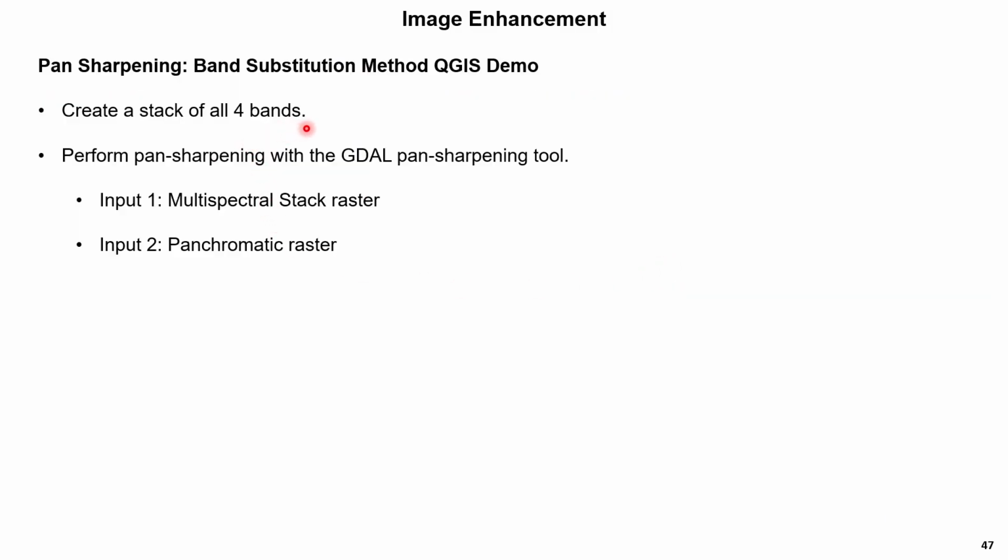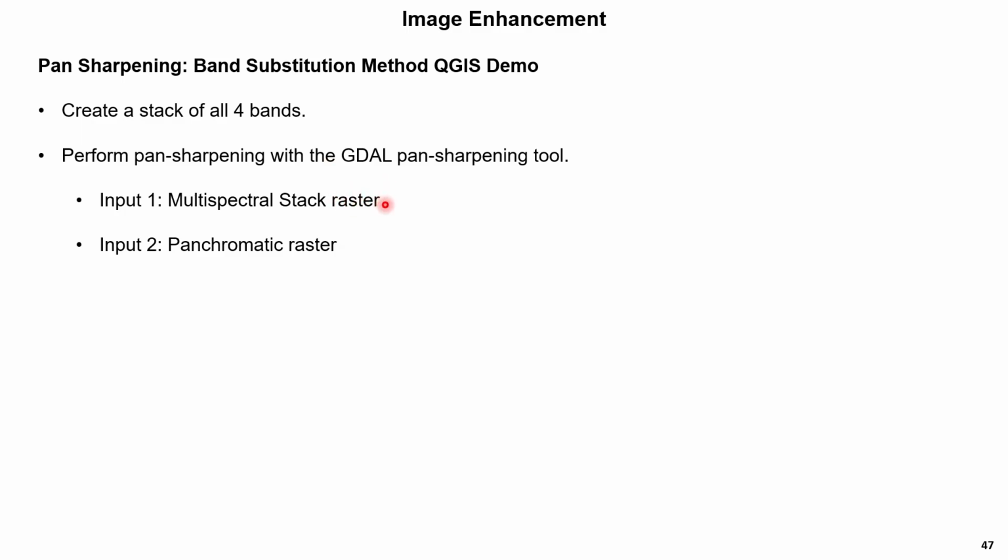So now I will show you the band substitution method. We have an Ikonos satellite product which has a spatial resolution of 4 meter. That is the multispectral band. It is already very fine, but we will be using the panchromatic band of the Ikonos, which is 1 meter resolution, and then we will sharpen our image.